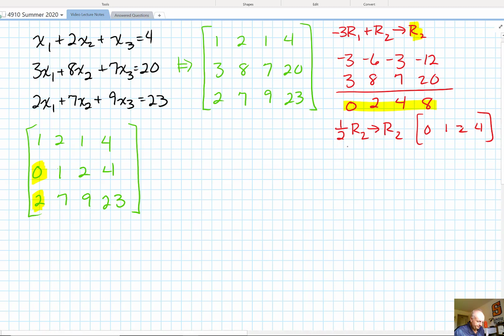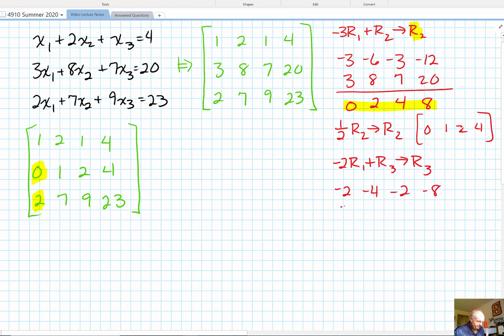And so in order to do that, let's put our work over here. We're going to need to use row 1 again. So -2 times row 1. Add that to row 3 and replace row 3. Right. So -2 times row 1 gives us -2, -4, -2, -8.